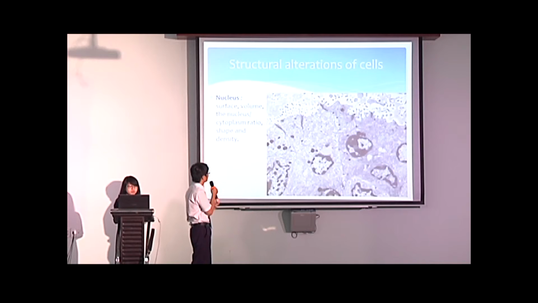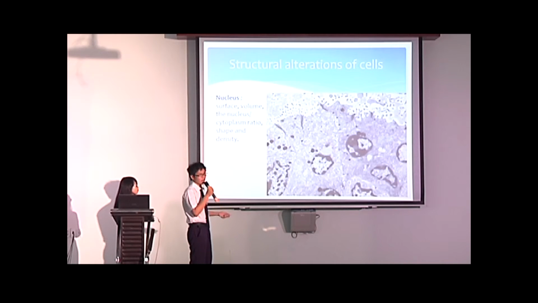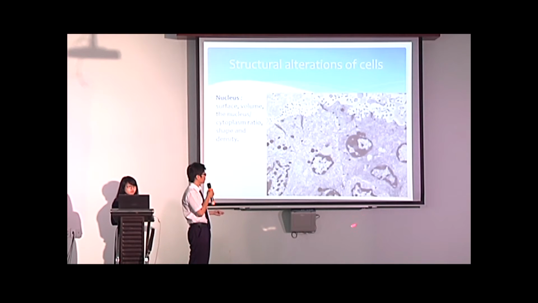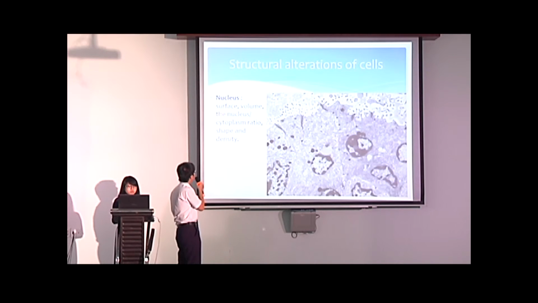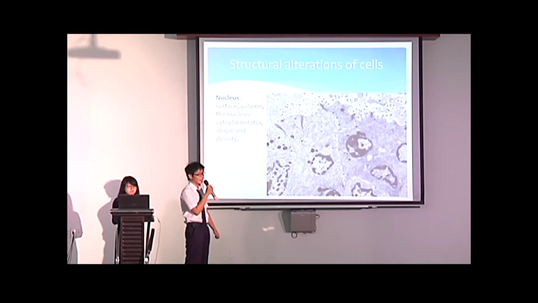We have the irregular surface and the enlarged volume of the cells. Here you can see it's a high density because the protein is condensed to form the chromosomes for division. And the point here is that the ratio between nucleus over cytoplasm is over 1.